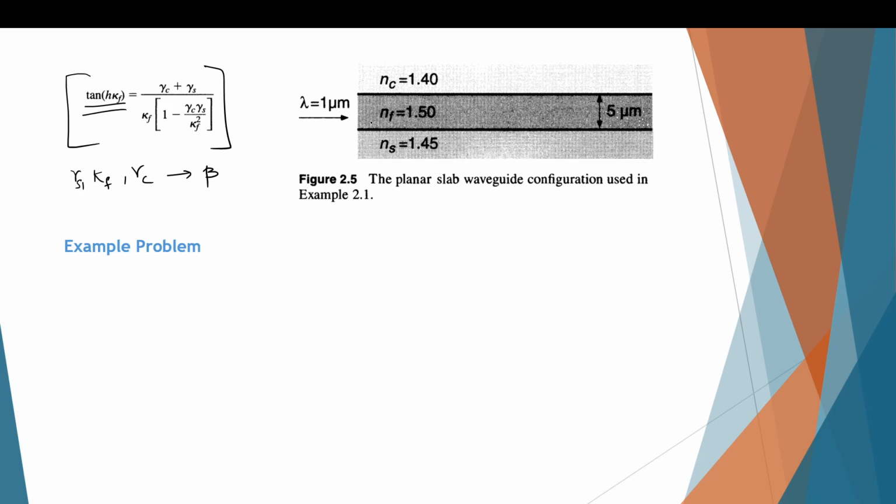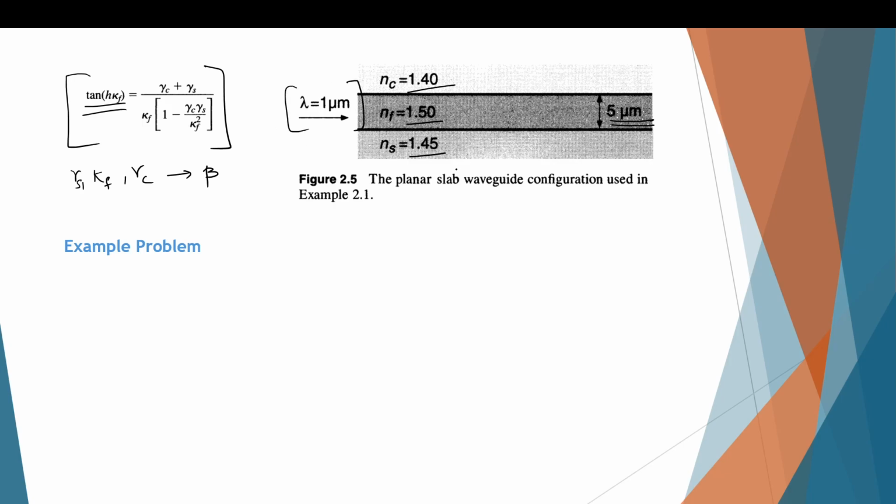H we already know. So say we are solving it for a certain geometry that is given here. Say my film refractive index is 1.5, my cladding is 1.4 and substrate is 1.45, and the thickness of the film is 5 micrometers. So H is already known, the refractive indices are known, and the wavelength of light that I am sending in is also known.